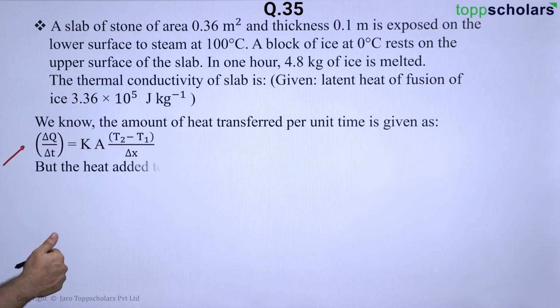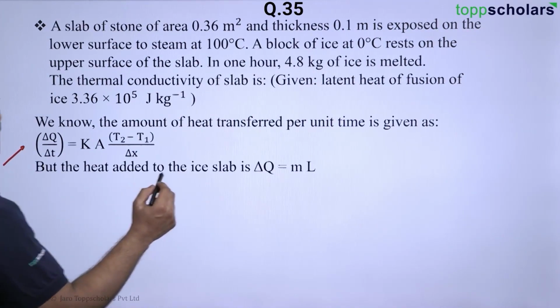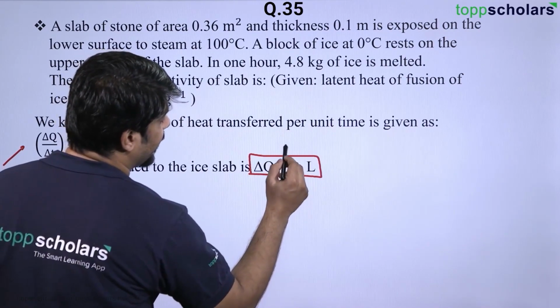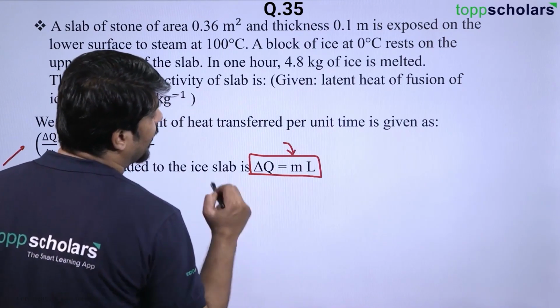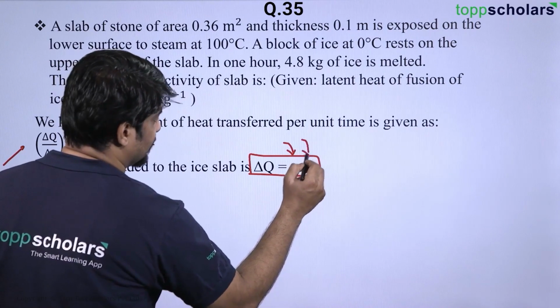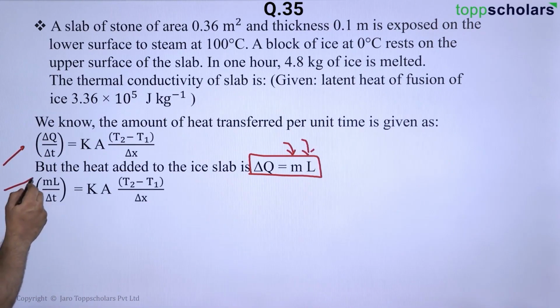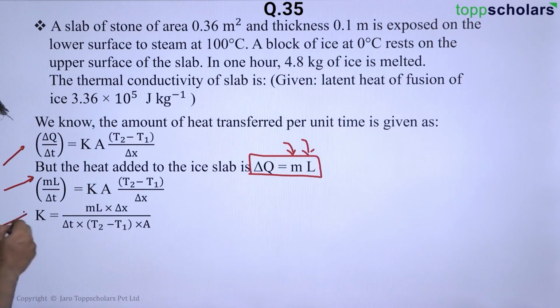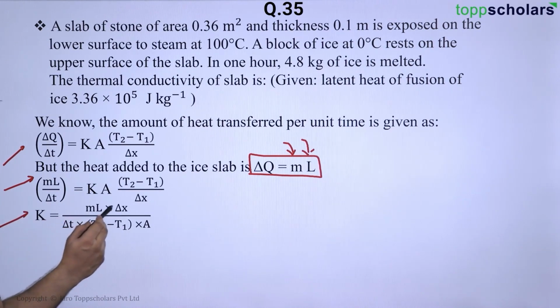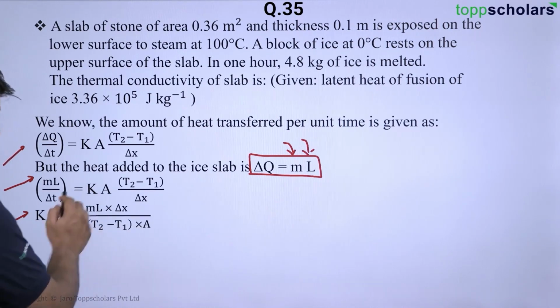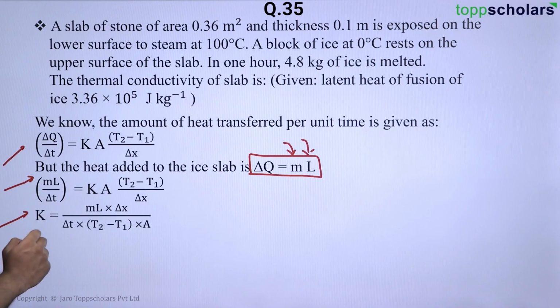But the heat added to the ice is delta Q, that is ml, where m is the mass and L is the latent heat. So we put delta Q equal to ml upon delta T as it is. Then after arranging this equation, we get K equal to ml delta X upon delta T into (T2 minus T1) into A. You can check this, we have just arranged the equation.